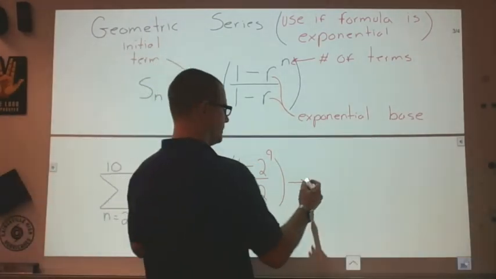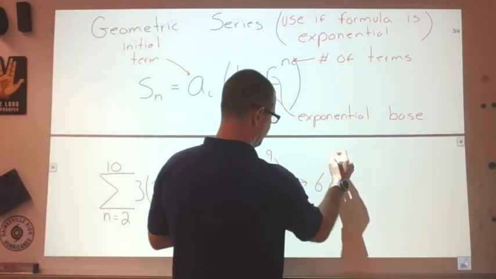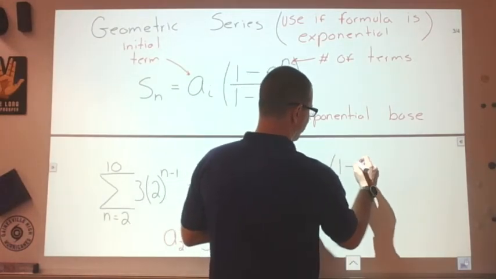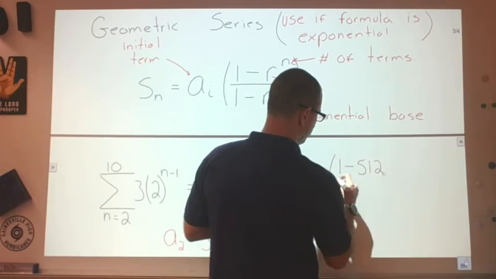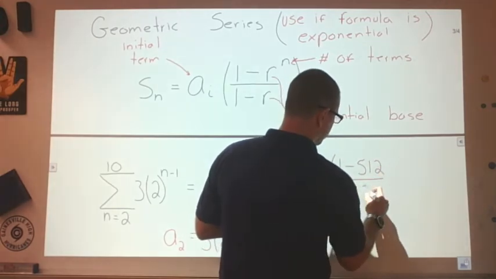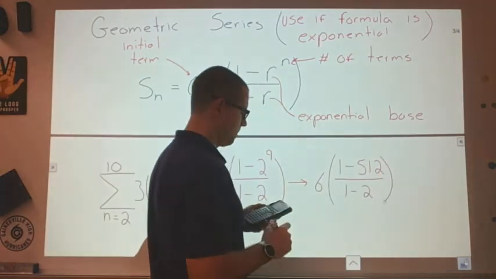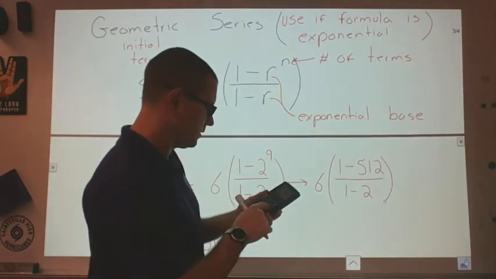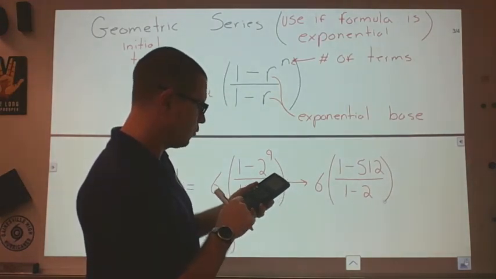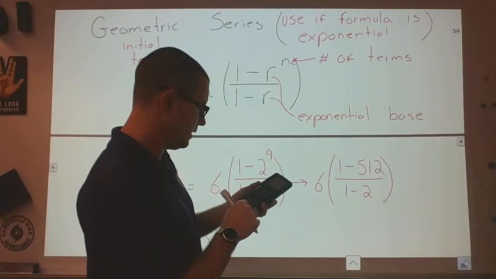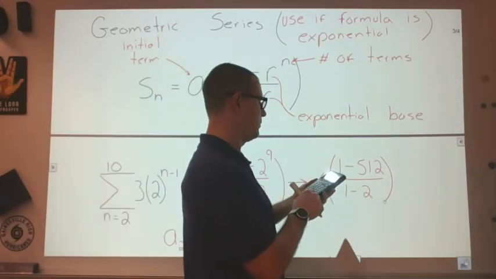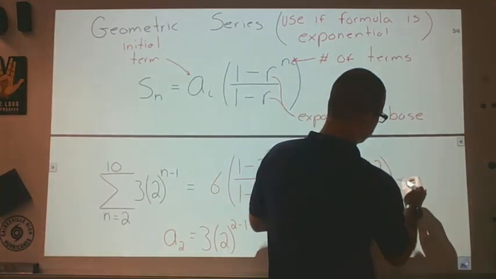So I'm going to actually write out that step. So we have 6 times 1 minus 512 over 1 minus 2. So 1 minus 512 times 6 divided by, on the bottom, negative 1, is 3,066.